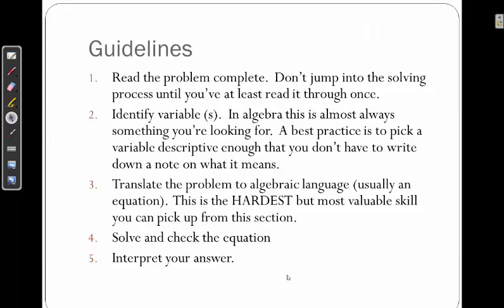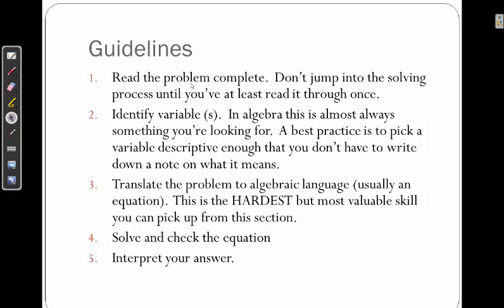So let's see here. I'm going to go through some guidelines. There's a version of this maybe on the first page, but it's really early in 1.5. The first step you should follow is just read the problem through all the way. A lot of my students come up to me with questions that really could be answered if they just read the problem through completely, including any extra instructions for that section.